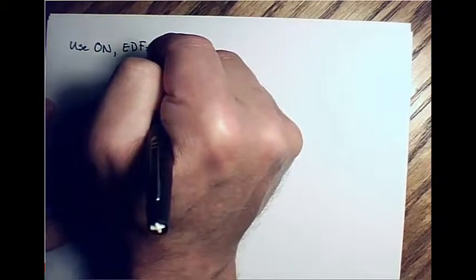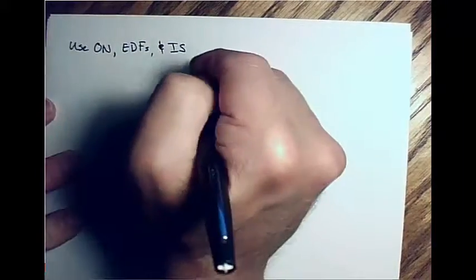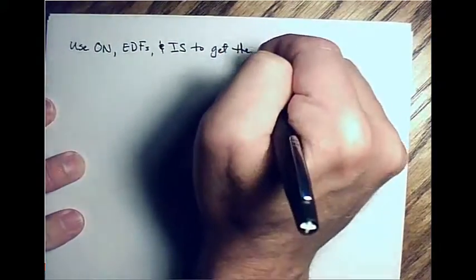So I'm going to kind of shorthand this a bit just for time. We're going to use orbital notation, electron dot formulas, and ion symbols to get the correct formula.